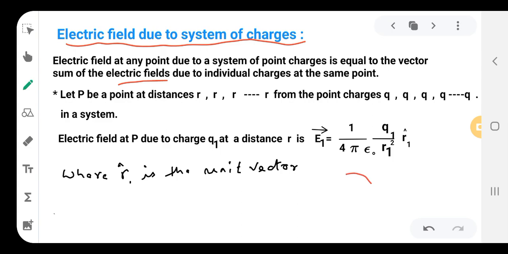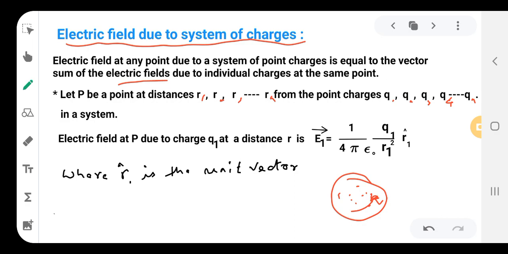So if there are many electric charges in a body, then we have to consider the electric field due to each individual charge, and the total is given by the sum of each electric field of the charges. Now let P be a point at distances r1, r2, r3, up to rn from the point charges q1, q2, q3, q4, up to qn.